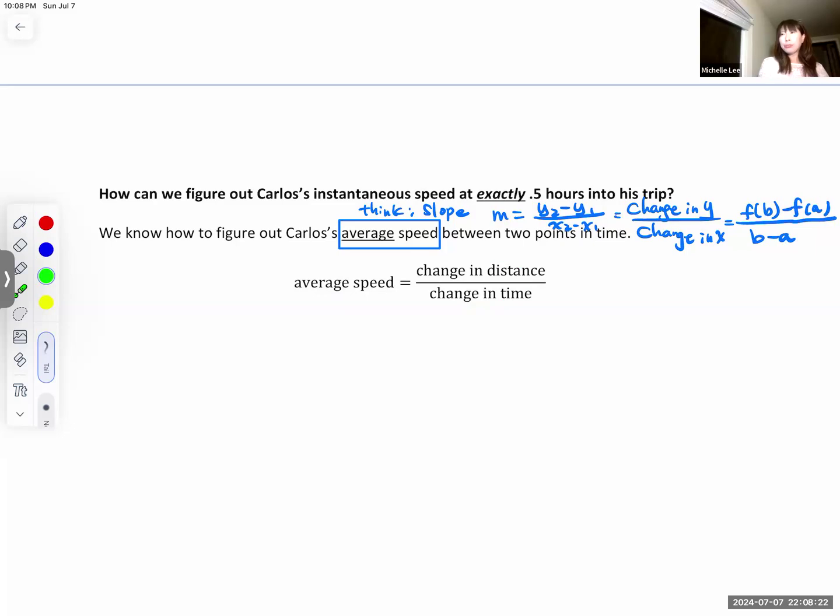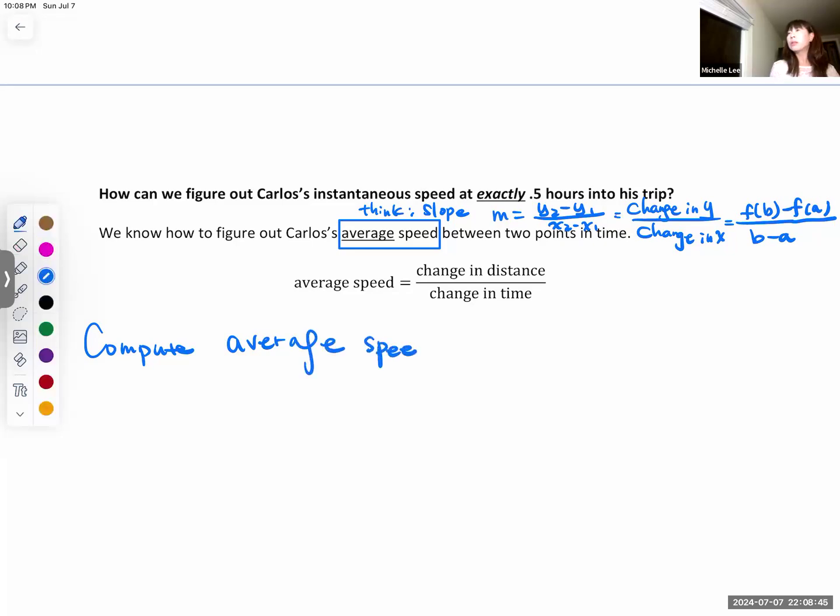Okay, now let's compute average speed over a tiny time interval.